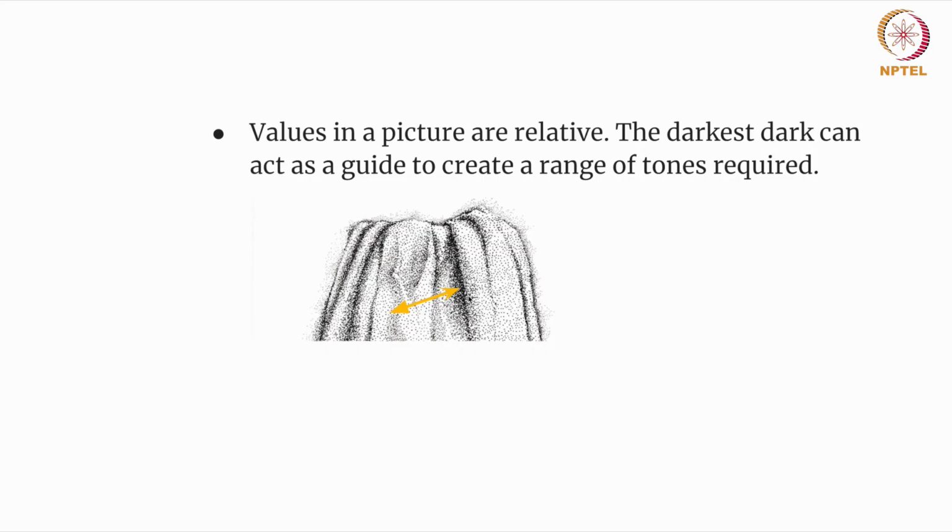So if you are looking at an object and using a stippling technique or any shading technique, you have to find the darkest area and the lightest area first, and then see how it varies from darkest to light, and what kind of tones you have to create. If you can visualize that, then it is very easy for you to replicate the same on your paper.